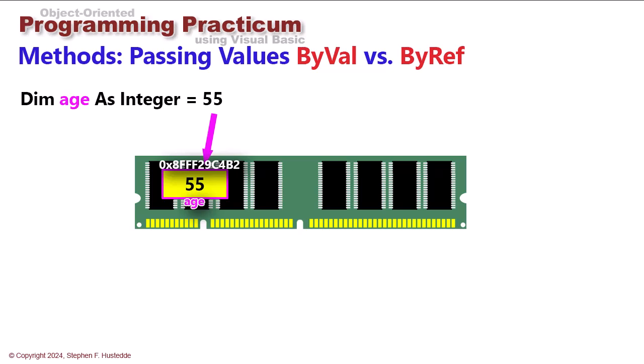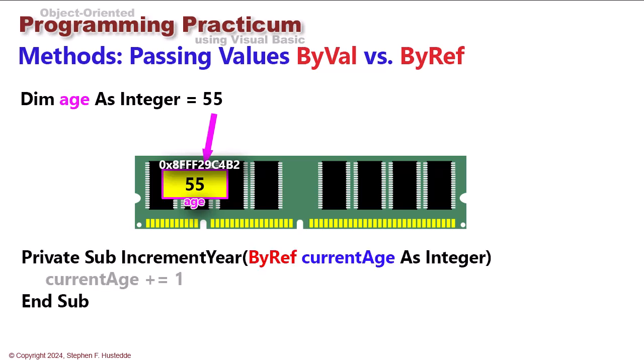When we pass something by reference, again, we're creating our variable, placing a value in that. We then have a sub-procedure here called increment year, and I'm passing the value of age to current age, but I'm doing it by reference.